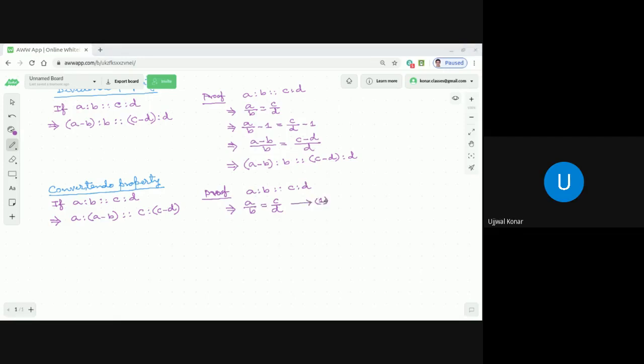Now from here we can also write that A by B minus 1 is equal to C by D minus 1, implying that A minus B by B is equal to C minus D by D. Let's give this as equation 2.